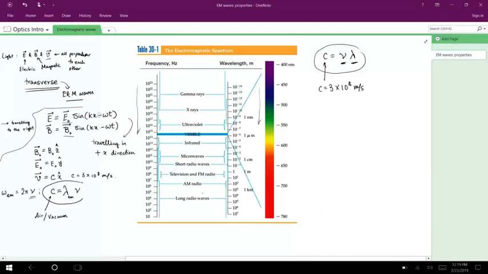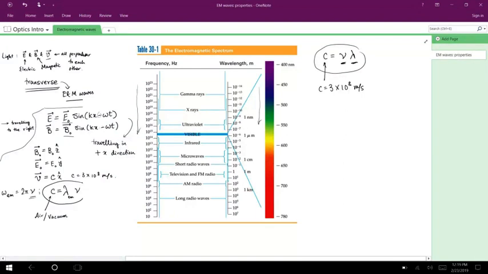We can start at very long radio waves and then go down to microwaves, infrared. Infrared is also not visible to our eyes. Its wavelength is longer than red light. And then there's the very familiar visible spectrum with violet, indigo, blue, green, yellow, orange, and red.